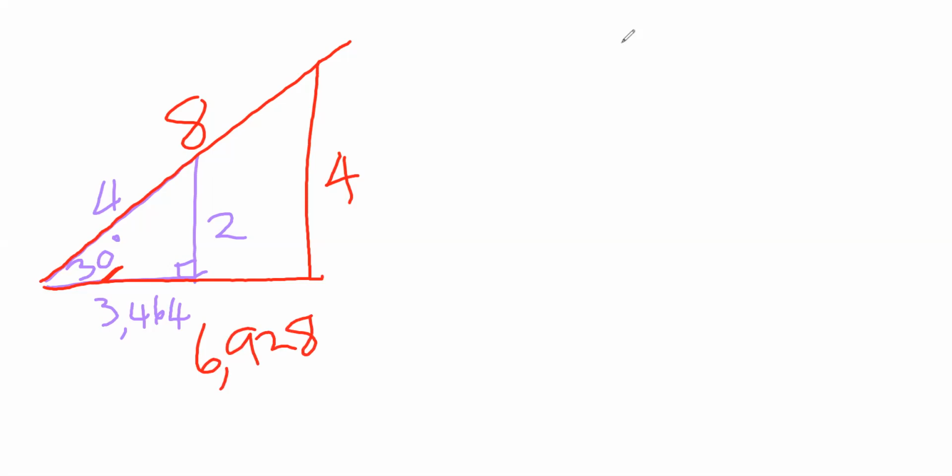And if you work out your sine and your cosine and your tangent for 30 degrees, you will find out on your calculator that these ratios are exactly the same all the time.